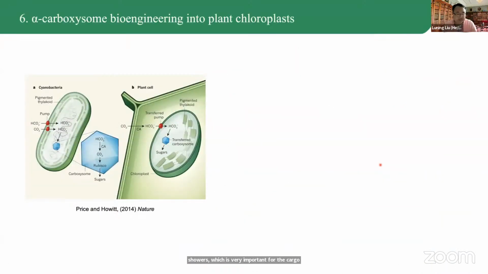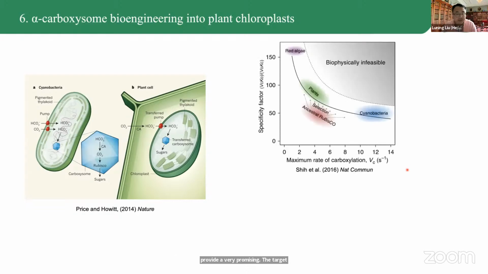So now we have this better understanding, or fundamental knowledge, of the carboxysome assemblies. We are more confident to engineer these bacterial carboxysomes into higher plant systems. These carboxysome-based CCM systems also provide a very promising target for enhancing crop plant photosynthesis, because the bacterial Rubisco has a faster carboxylation rate than the plant Rubisco.